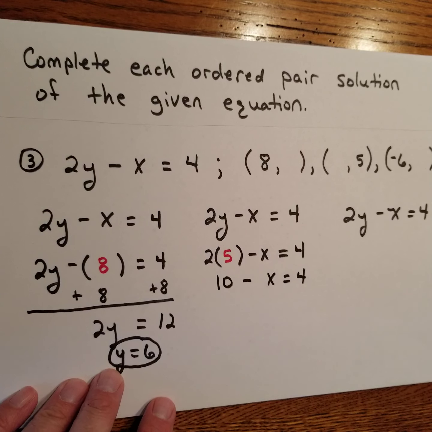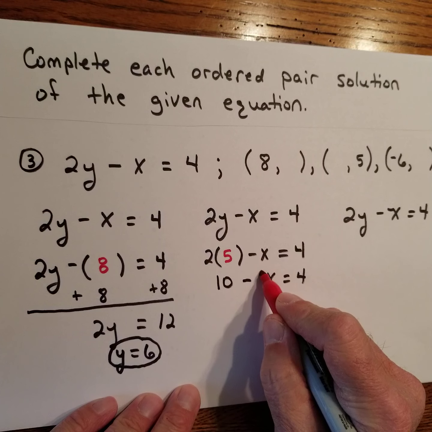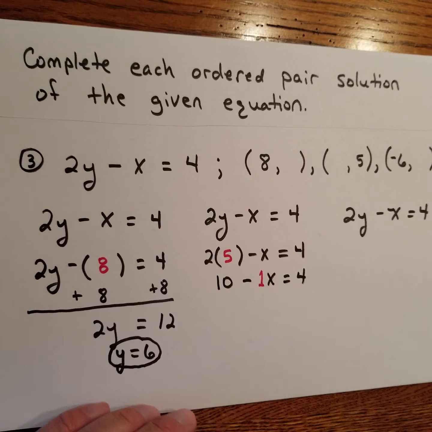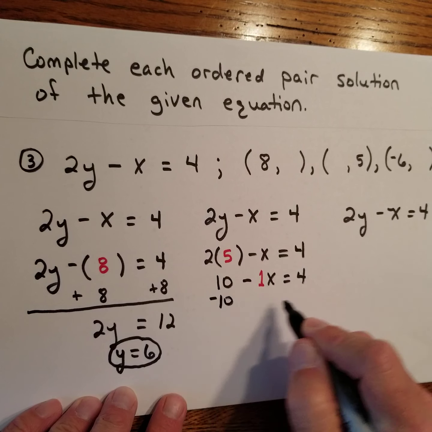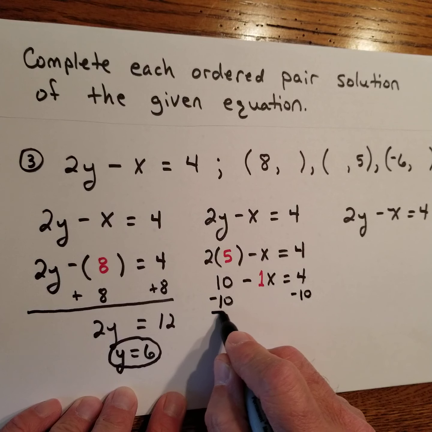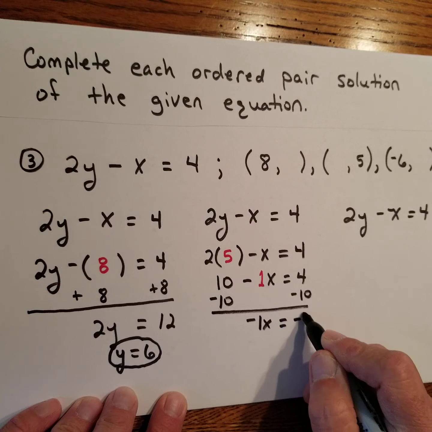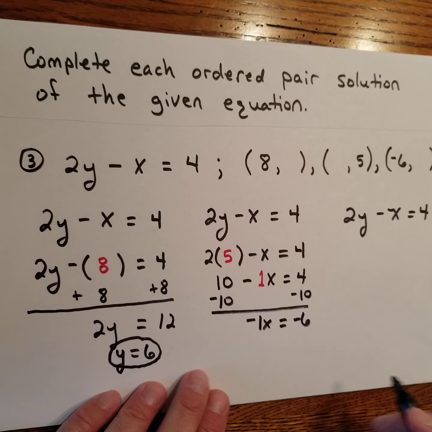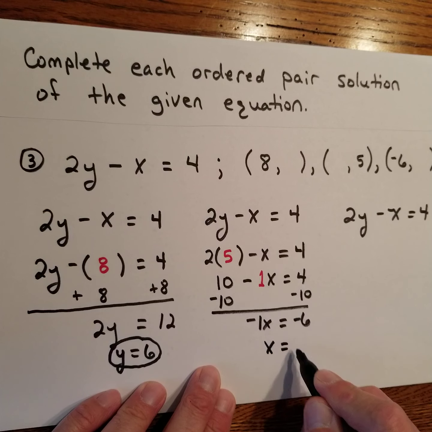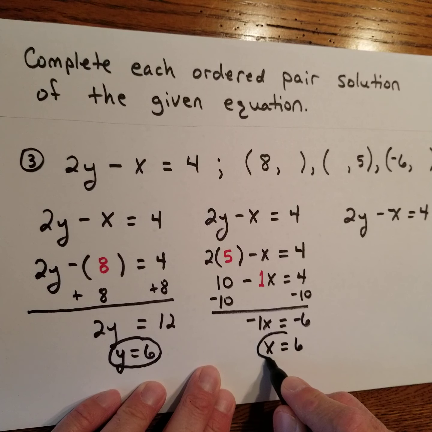Before I go any further, let me remember that when there's no number in front of the variable x, I know that's a 1. In fact, it's a -1. Now get rid of that 10. And when I divide, a negative divided by a negative is a positive.